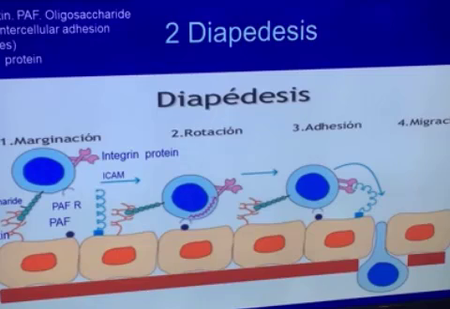This mechanism is activated when there is trauma or infection. Normally these cells flow with the stream of blood, but when infection occurs, the first effect is that these cells come near to the surface of the endothelium.